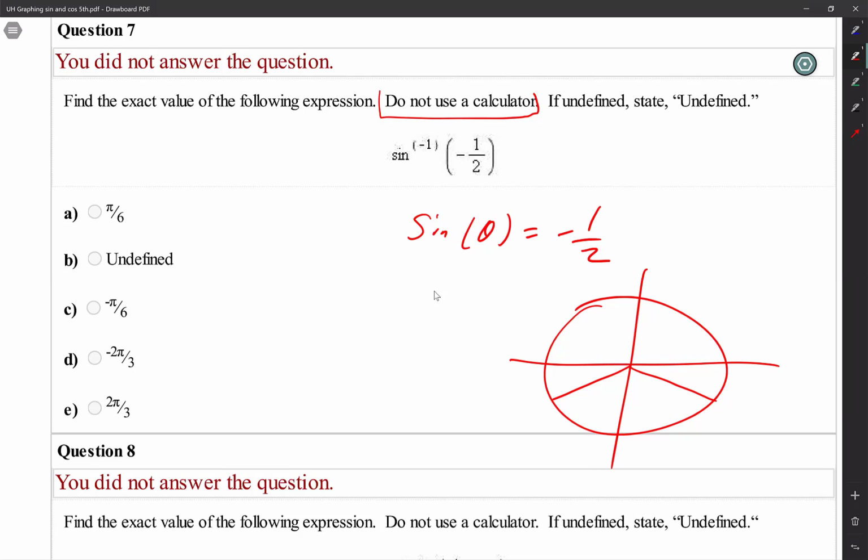So let's see. It does not happen at pi over 6 because sine of pi over 6 is a half. It's definitely not undefined, so take that out. Maybe letter C, negative pi over 6, because if I go horizontally like that, that's negative pi over 6. So maybe. And then I have a negative 2 pi over 3. Nope. And then 2 pi over 3. Nope. It's not going to happen at those. Are we okay so far, guys, or no? And there it is. We got our answer. It's just negative pi over 6.